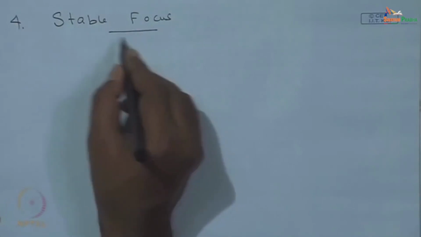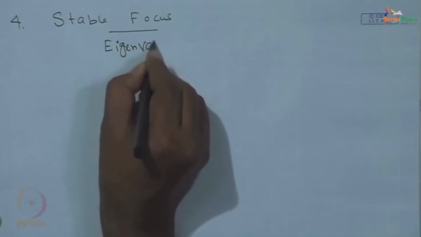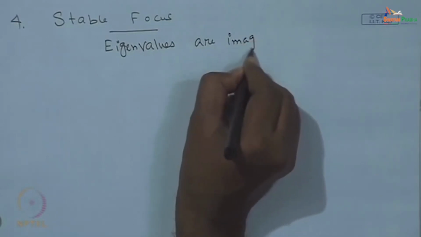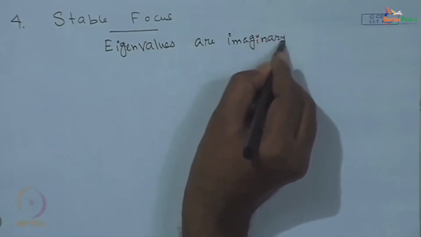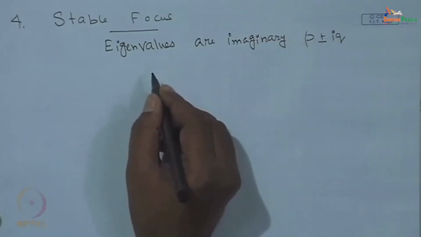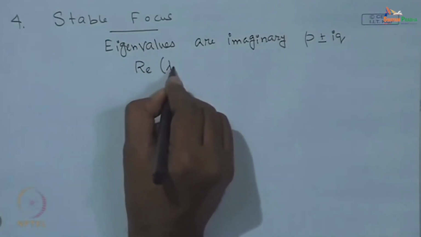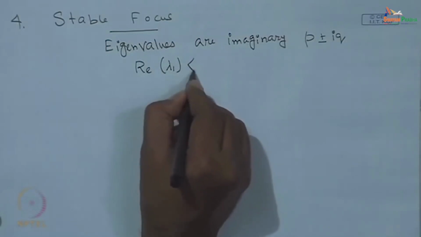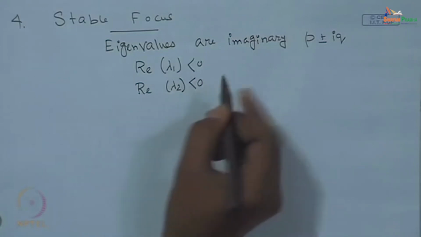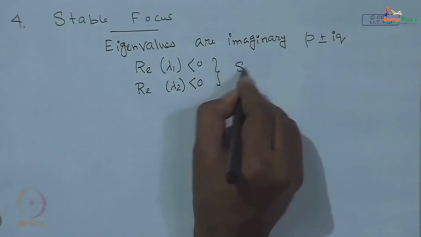Now, in this case the eigenvalues are complex, in the form of p plus minus i q. If the real value of lambda 1 is less than 0 and the real value of lambda 2 is also less than 0, then we call this focus a stable focus.